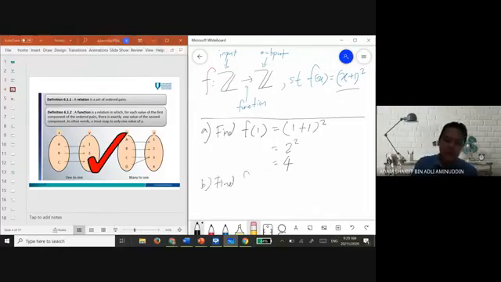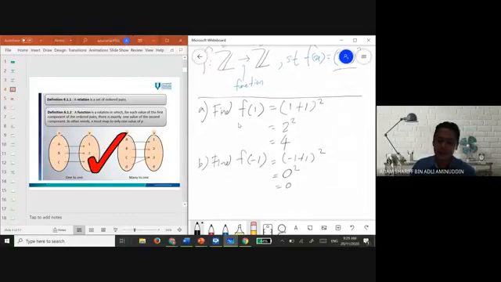Begitu juga kalau kita try to assign negative 1 kat sini. Dia jadi (-1 + 1) squared becomes 0 squared equals to 0. Lagi satu, find f(10), bagi saya besar sikit 10.